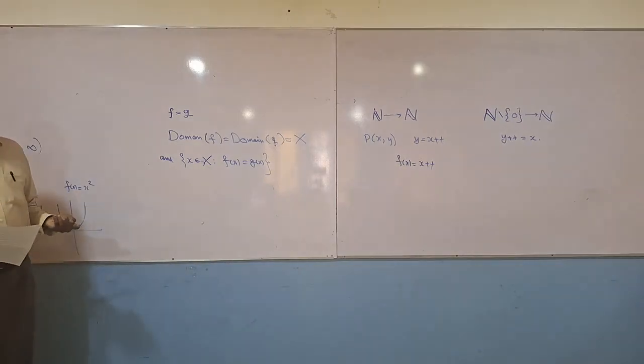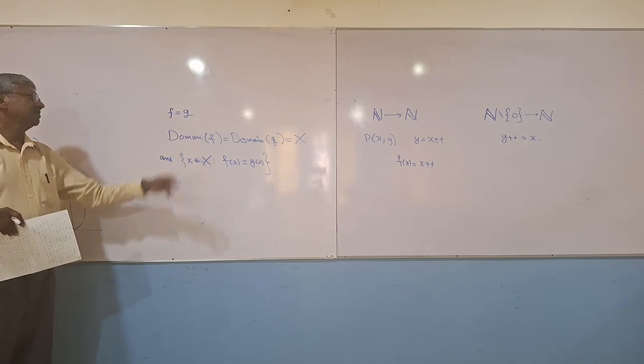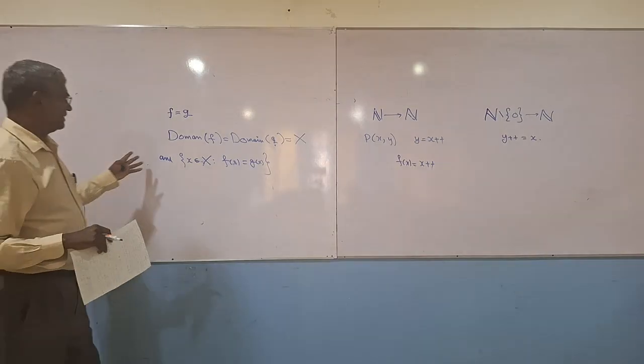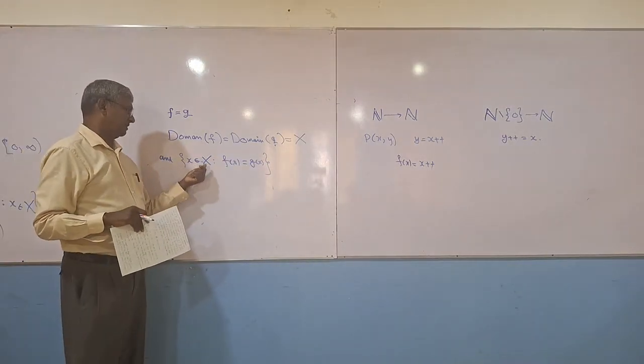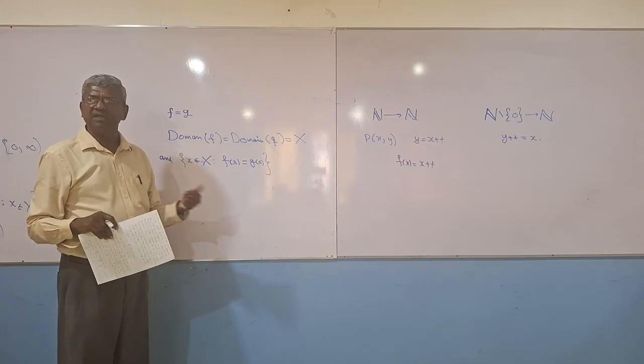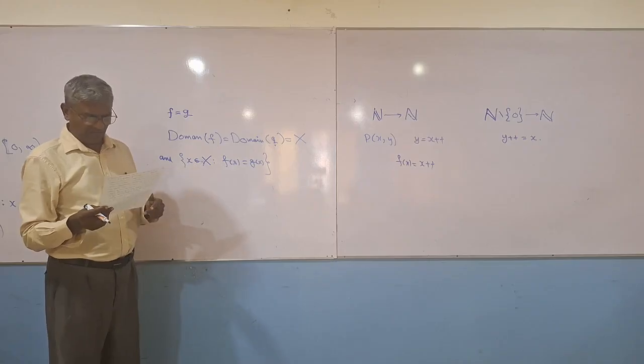This is usually how we say the two functions f and g are equal. They have to have the same domain, and in the domain each element has to have the same image under both f and g. That's how we equate two functions.